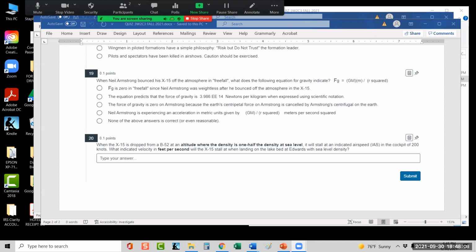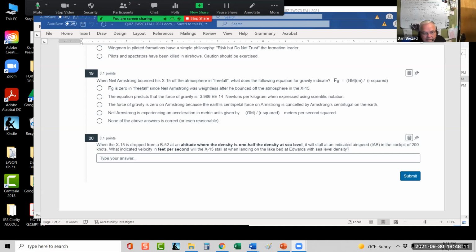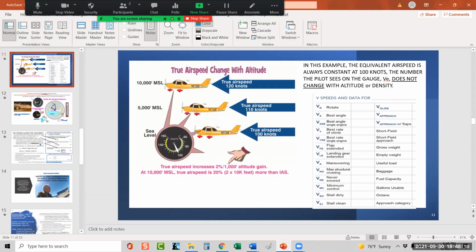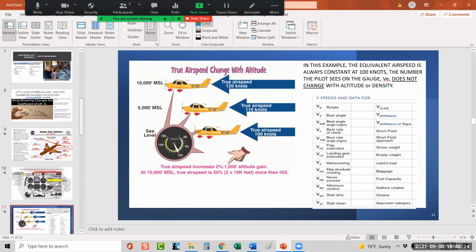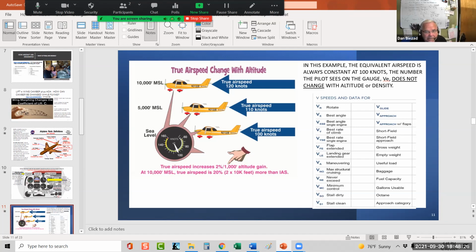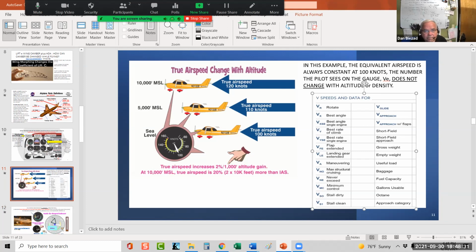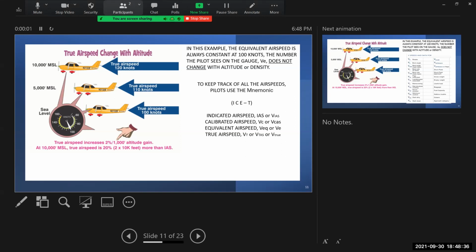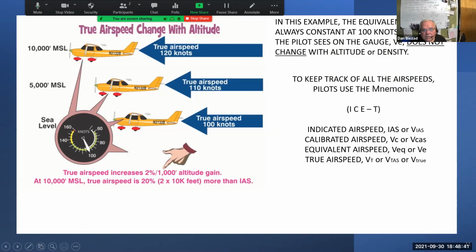So it doesn't matter where I'm at. It's going to stall at 200 knots. If it stalls at 338 feet per second up there, it's going to stall at 338 feet per second down there, because of indicated airspeed. Remember what I said: indicated and calibrated, we neglect those.